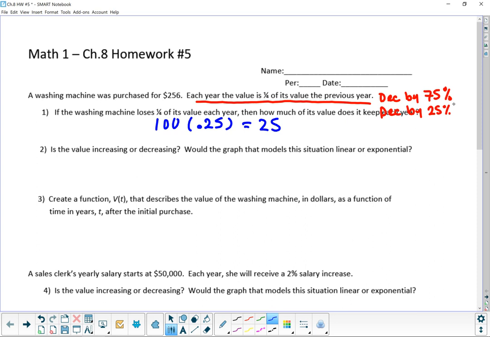Yeah. So it's actually going to be this one right here. Okay, so it decreases by 75%, which means that, so let's write this equation properly. So this should be 0.25 instead.